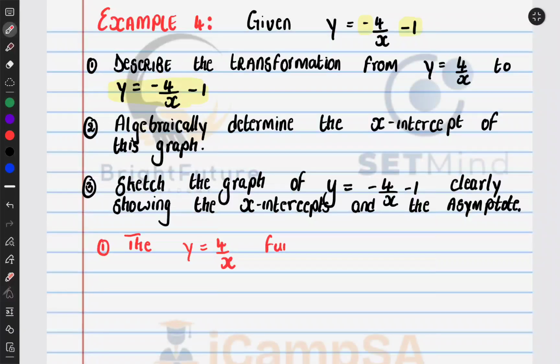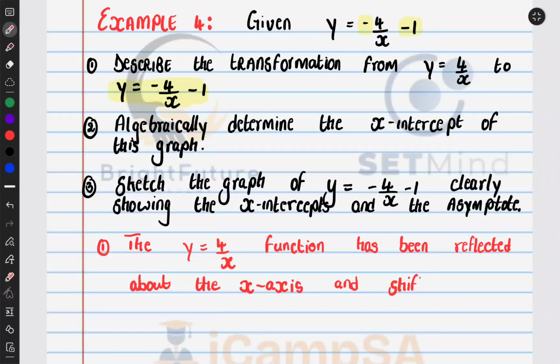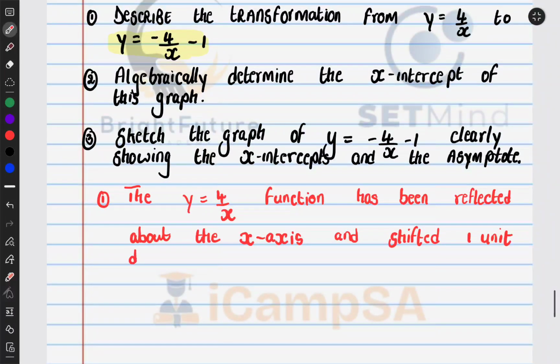The function has been reflected, that negative there, reflected about the x-axis, and then we subtracted 1 and shifted 1 unit. When we are subtracting, we are shifting 1 unit downwards.